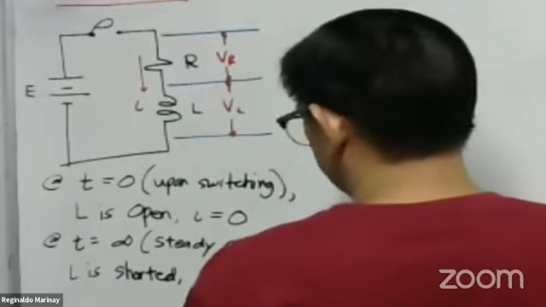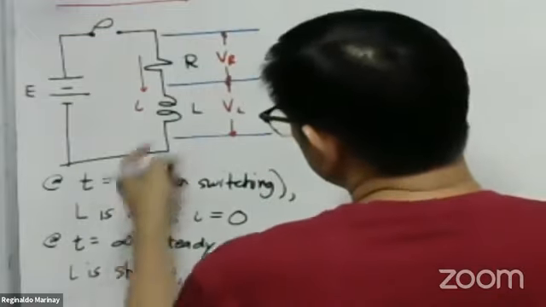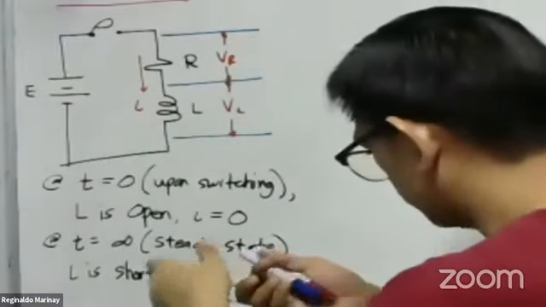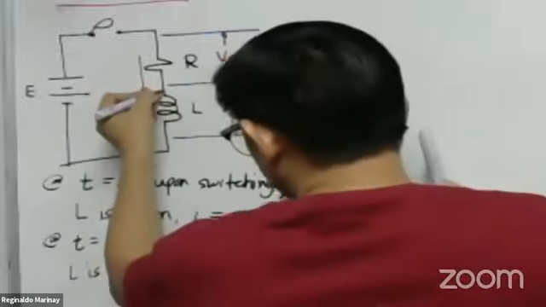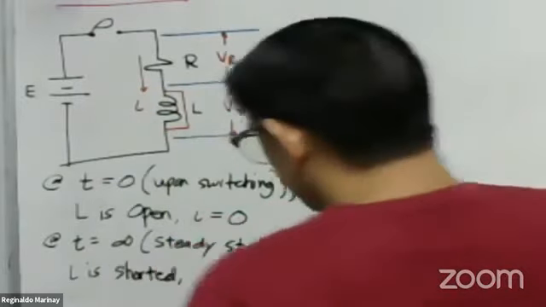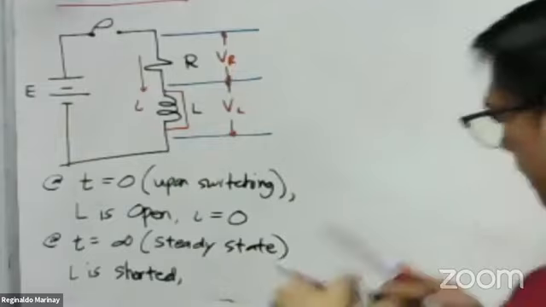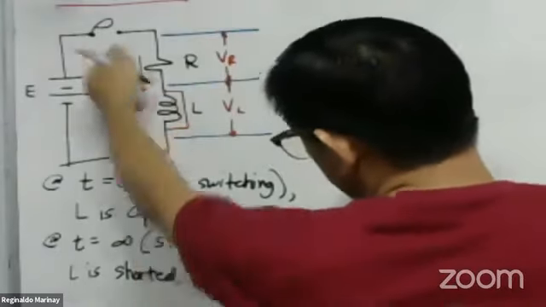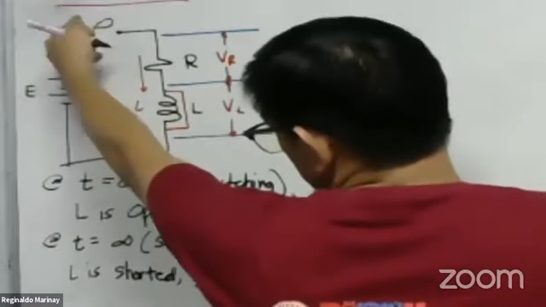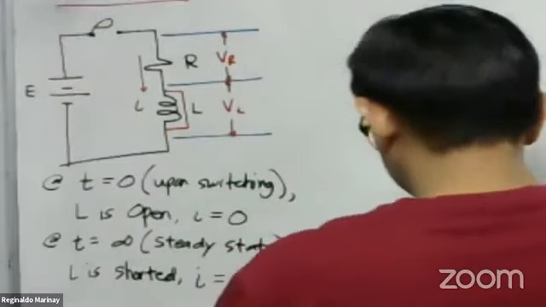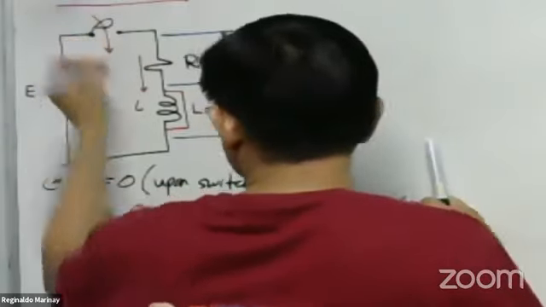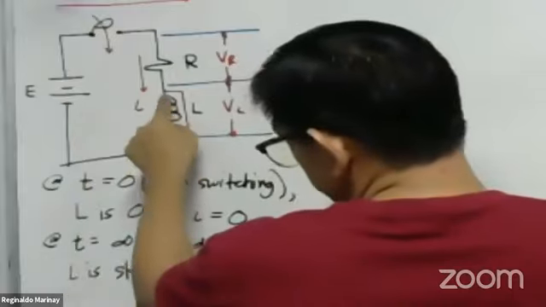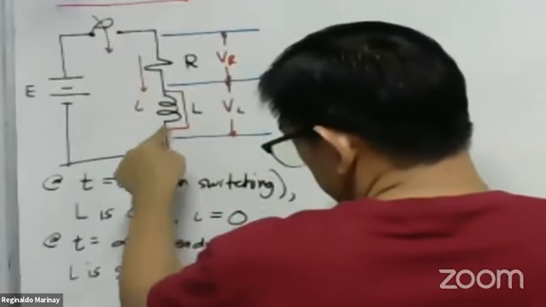If the inductor is shorted, what can you say? I will put a short-circuiting conductor here. What is the value of our current I? The switch is already closed, so the current will flow continuously. But take note, this is short-circuited. The current will flow in the short-circuiting conductor.